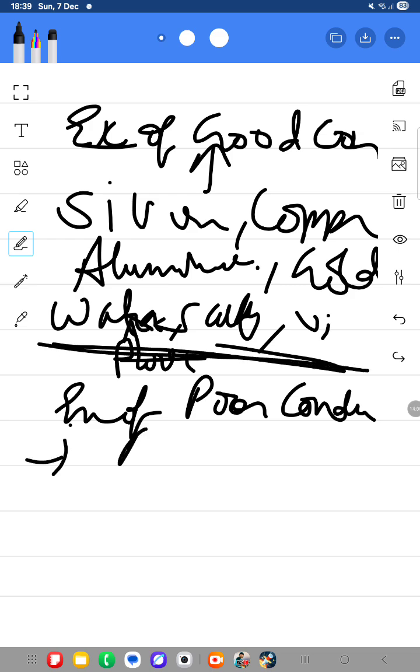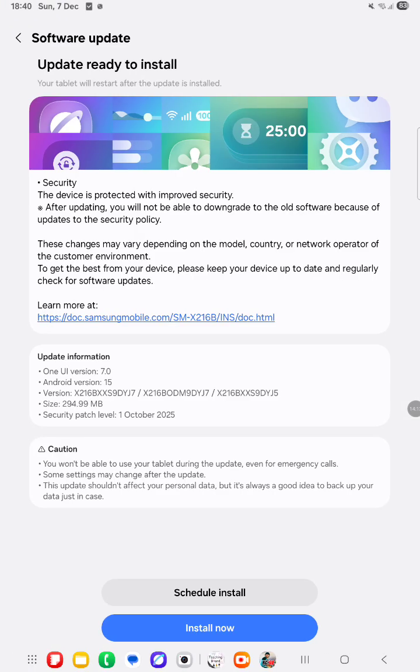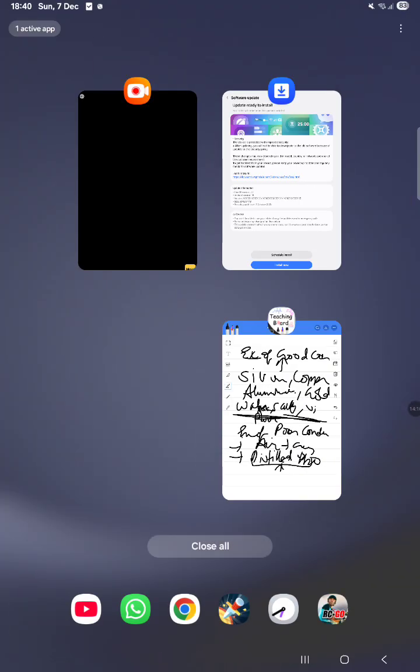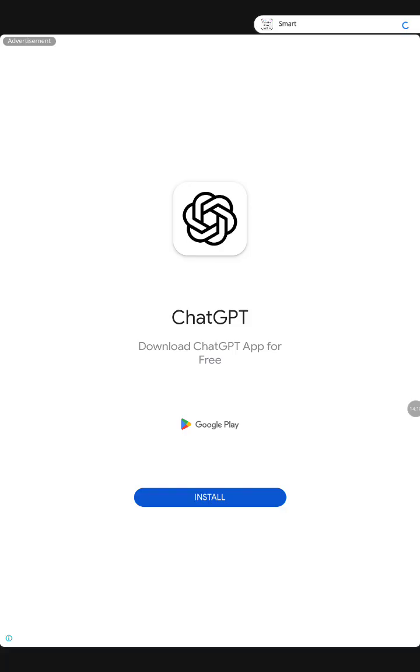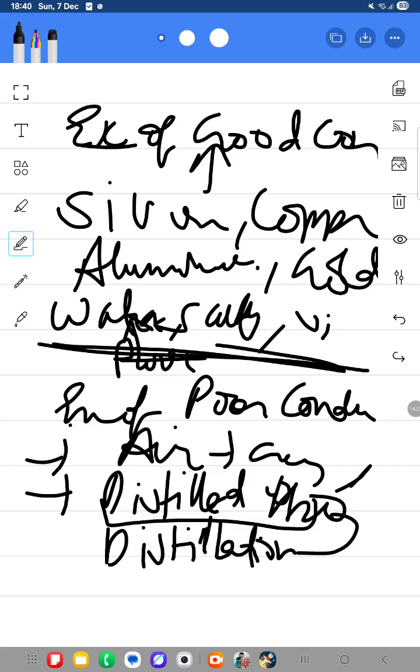Poor conductors are air in terms of gases, distilled water. Distilled water means the water which we obtain from the process of distillation is called distilled water. It doesn't contain any impurities, so it is also a poor conductor of electricity.